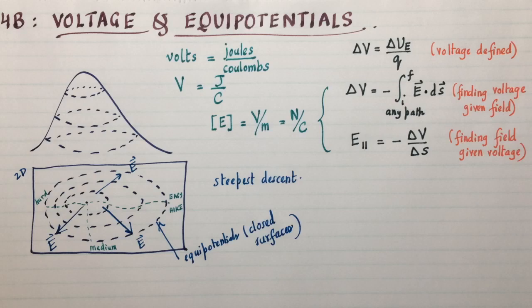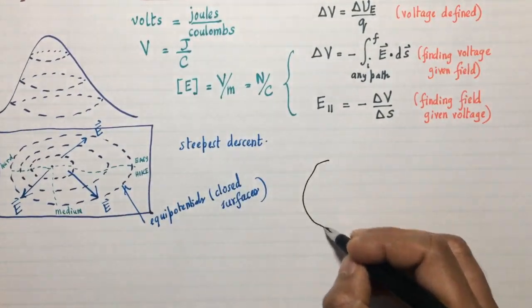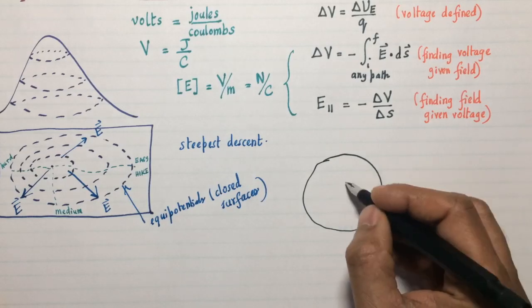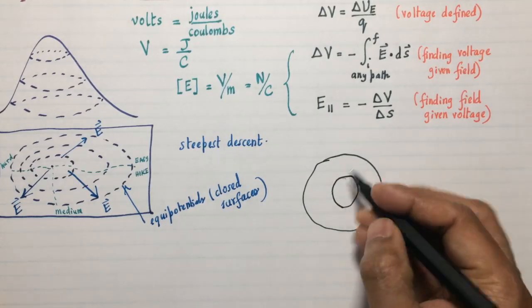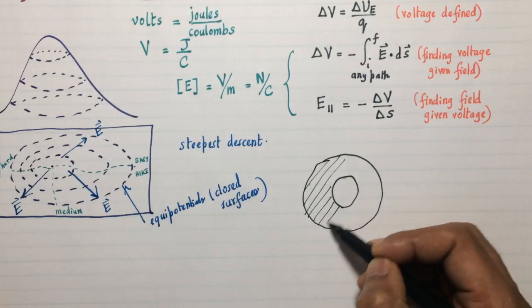So what are the properties of these equipotentials? Now in electricity, we'll be concerned with conductors. So let's draw a conductor. Suppose I have a piece of metal, a hunk of metal, and let's just draw a cavity also inside it. I'll put the metallic shading on it.